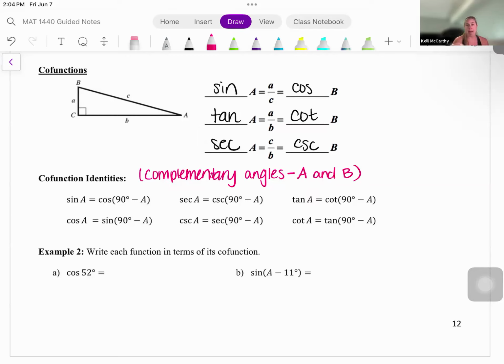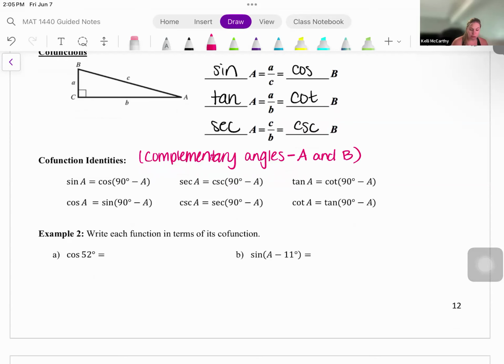And that's, again, going back to the sum of the interior angles of a triangle is 180. If all three of these angles add up to 180 and this is 90, that leaves 90 degrees left for the sum of angles A and B. So A and B are always going to be complementary.